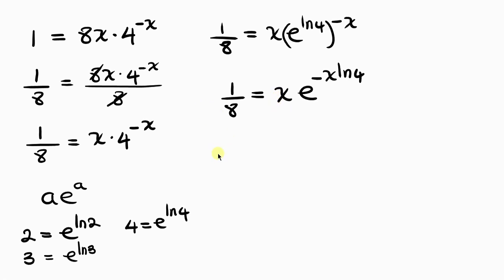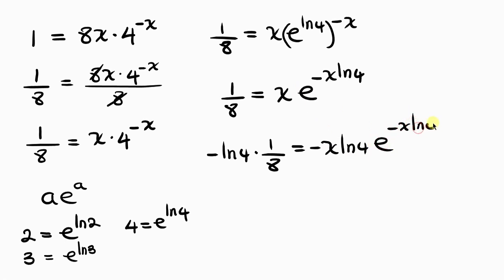So I'll multiply the left-hand side by negative ln 4. That is negative ln 4 times 1 all over 8 is equal to, now, negative ln 4 times x gives negative x ln 4. Very good. Now times e to the negative x times ln 4. Good.